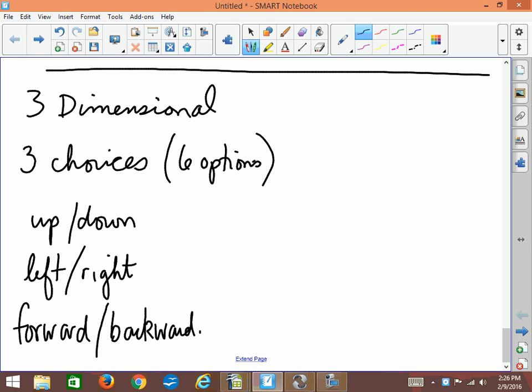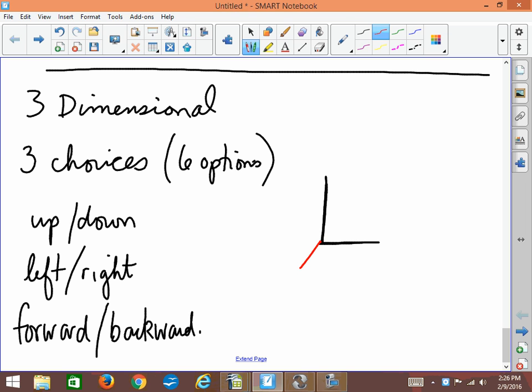That's hard to draw on a board, but if we call this up and down, and this left and right, we'd have to imagine a line that was starting here and sticking out towards you, right? Sticking right out of the computer screen here, right out towards you.